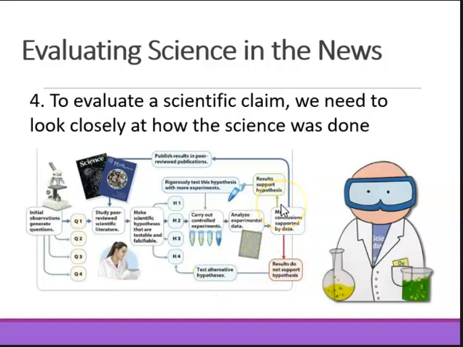If the results do support the hypothesis, you want to continue testing to make sure that the results are consistent throughout the different experiments. Once you have a hypothesis that is supported by consistent positive or negative results, you want to publish these results in a scientific peer-reviewed publication.